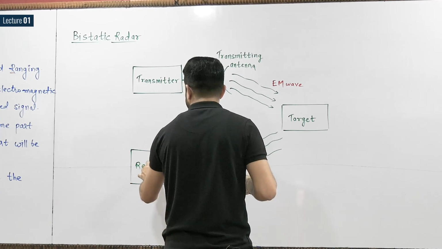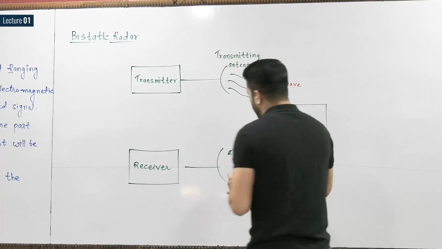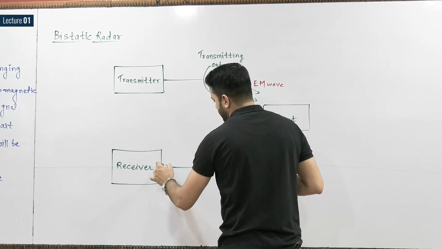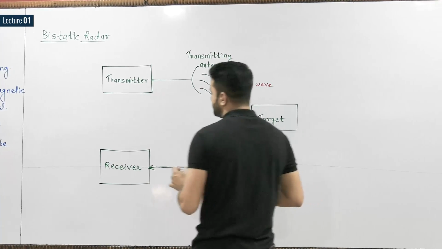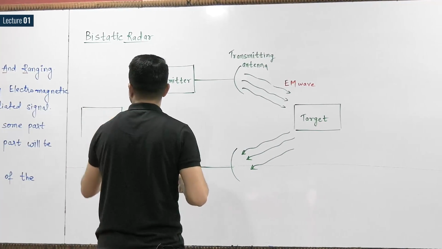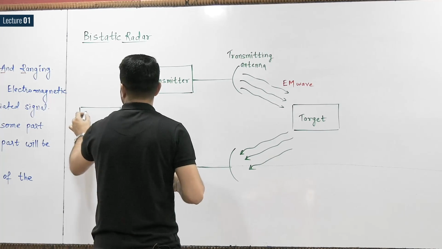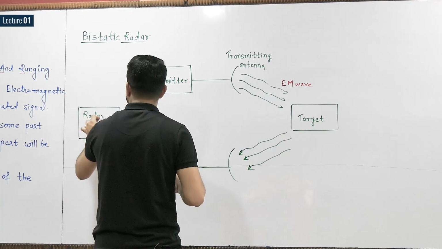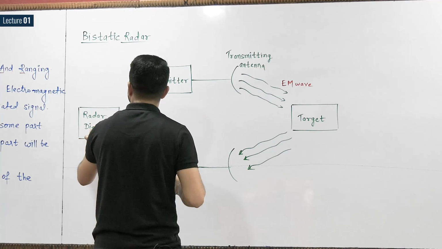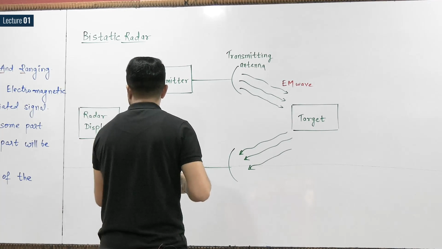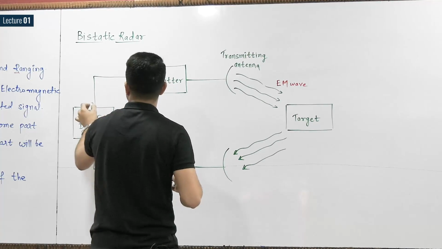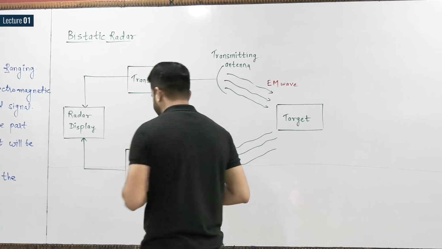So this is transmitted, and after receiving it is processed in the receiver. So it is in the receiver, and we are having a radar display here. There are many types of display in the radar system. We don't need to go into the detail of each type of display, but you can find this display in any standard book of radar.